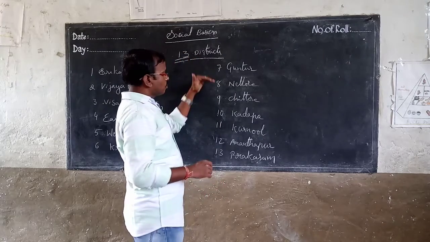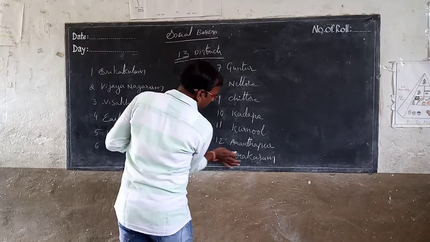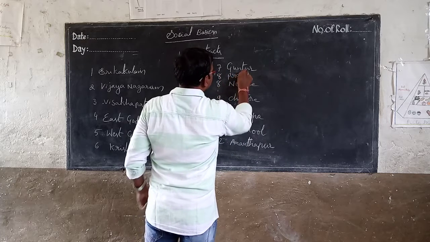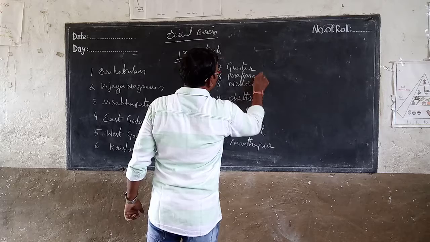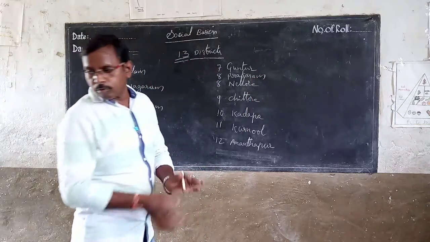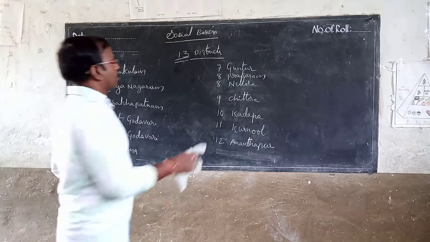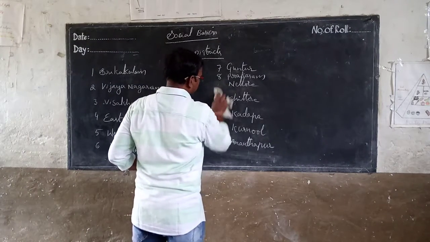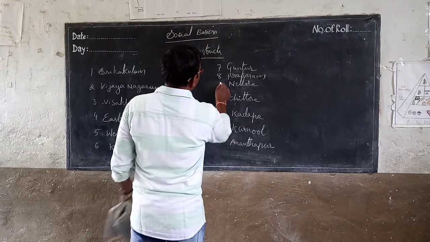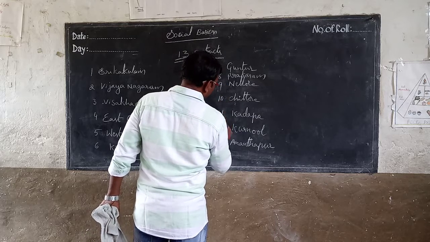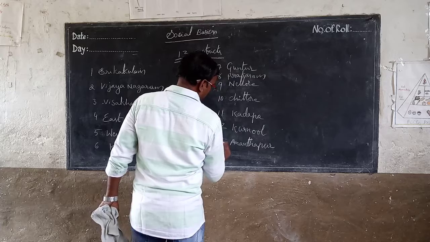So you have to see that this Prakasam will come here. I will write it here as Prakasam. Tanguturi Prakasam Pantulu, from his name it was given Prakasam. Then Nellore, Chittoor, Kadapa, Kurnool, Anantapur.